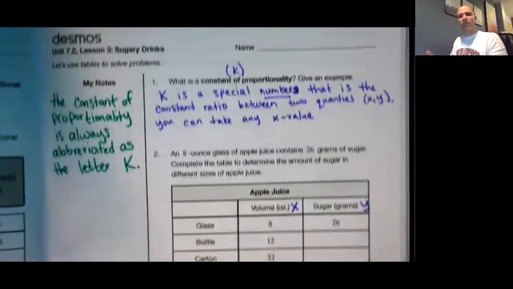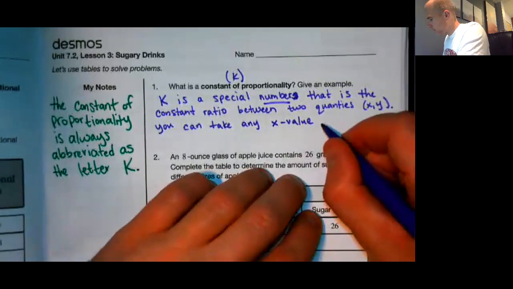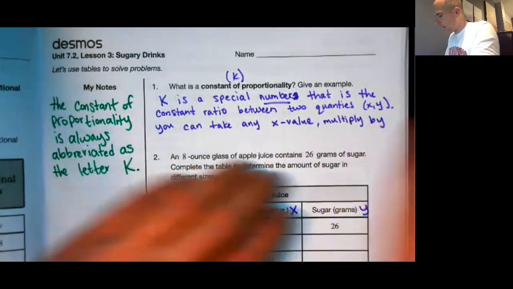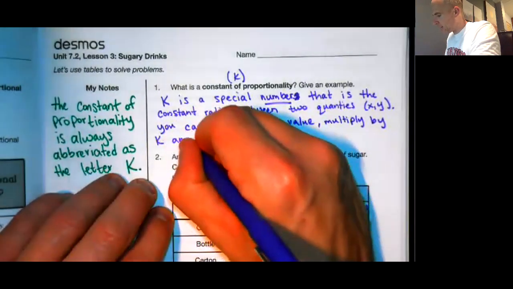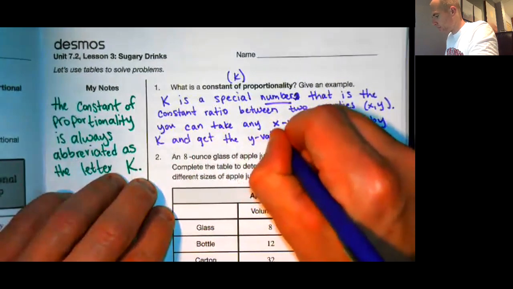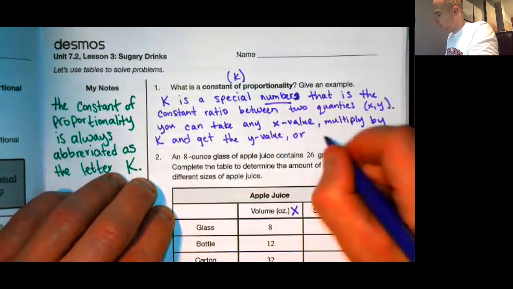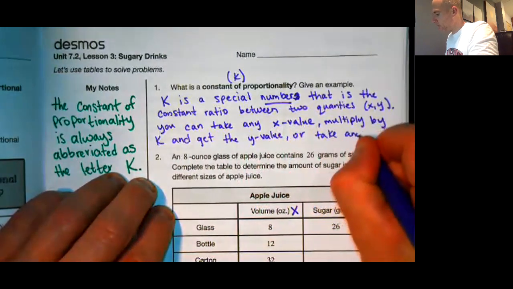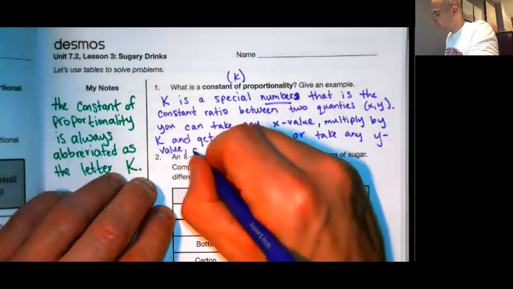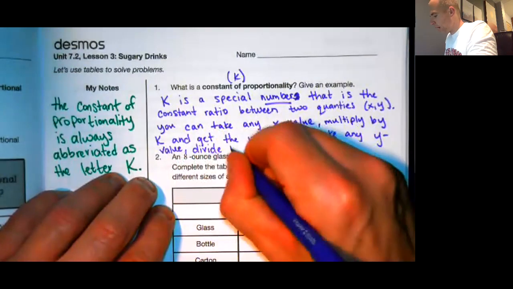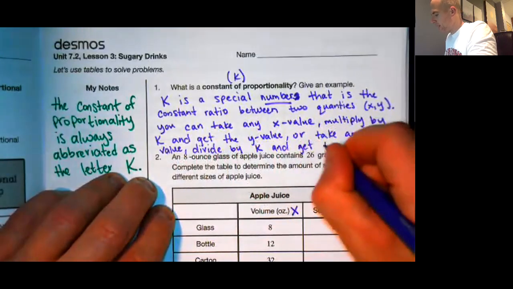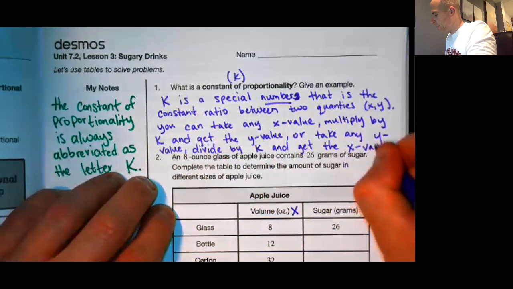So you could take any one particular X value, multiply by k and get the y value. Or take any y value, divide by k, and get the x value.